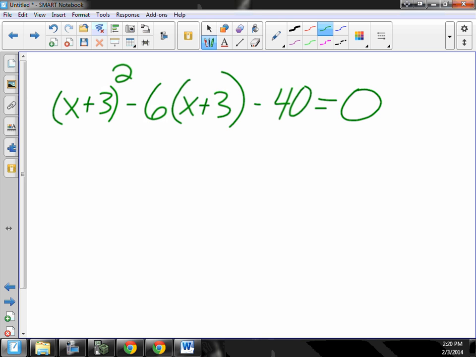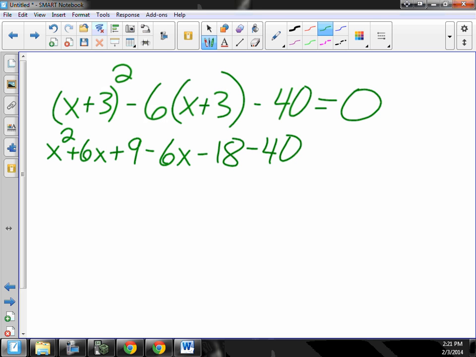So the way that you've done this in the past is to distribute all this out. So x squared plus 6x plus 9 minus 6x minus 18 minus 40. If you don't write this down, I don't care.